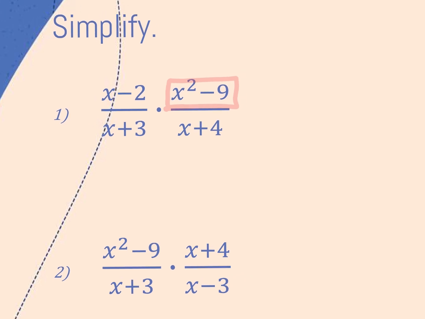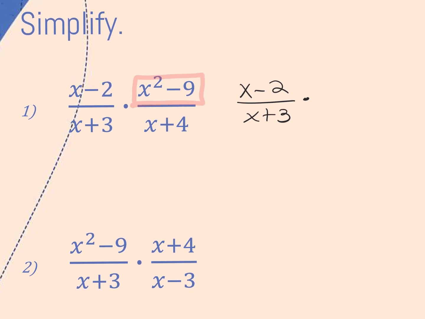For multiplication, you're going to keep the first fraction in the same orientation. You're not flipping anything for multiplication. So the first fraction was good, nothing to factor. However, the top of that second fraction, difference of two squares, is x plus 3, x minus 3, and then the denominator stays the same, x plus 4.